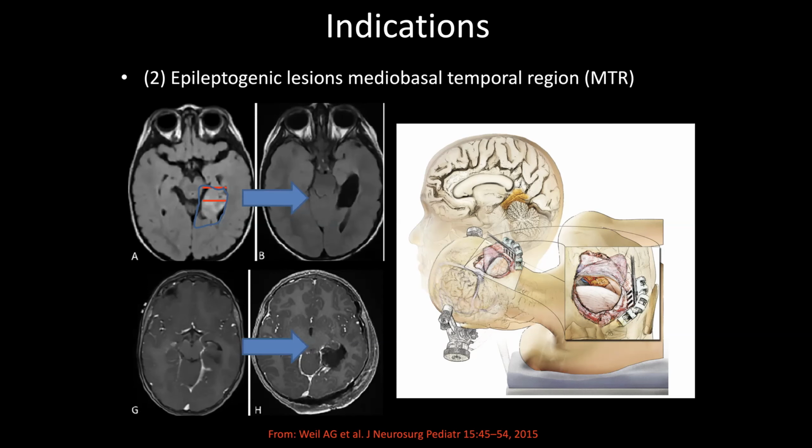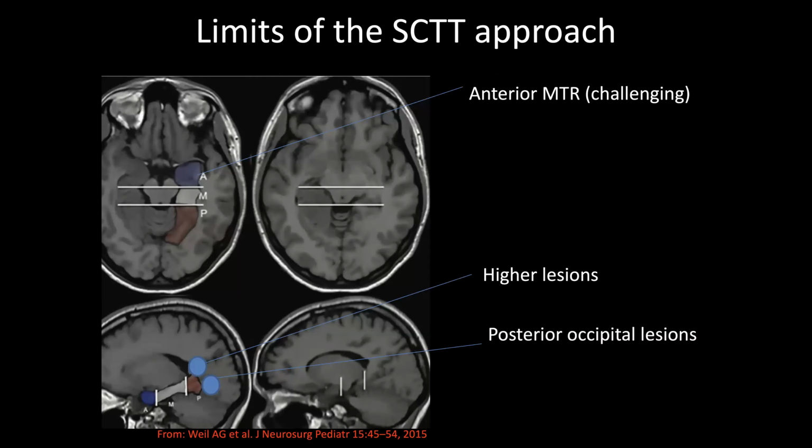And while it can be used to reach the anterior middle portions of the medial basal temporal lobe for hippocampal sclerosis, the ideal lesions that can be reached by the SCT approach are more posteriorly located in the middle and posterior medial basal temporal lobe. Although it's an excellent approach which can provide good exposure to the entire length of the medial basal temporal lobe, the more anterior portion can be challenging.